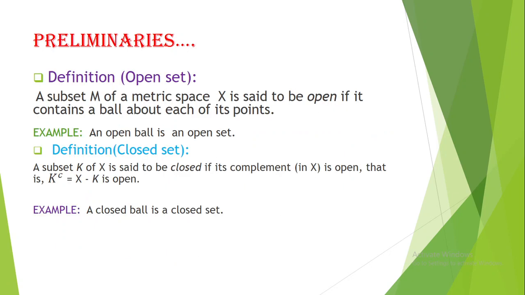Now we will define an open set. A subset M of a metric space X is said to be open if it contains a ball about each of its points. Here we denote the metric space by capital X, whereas in the previous slide we used capital X for any non-empty set.